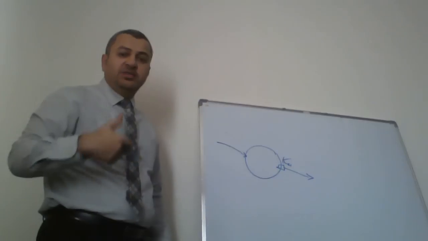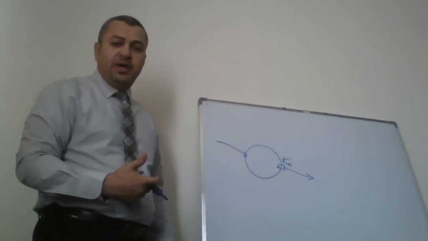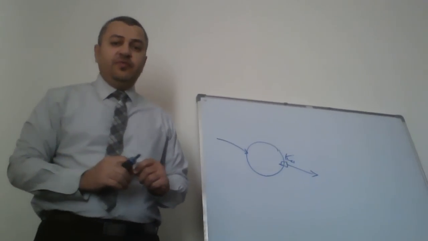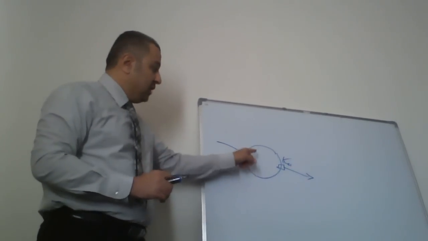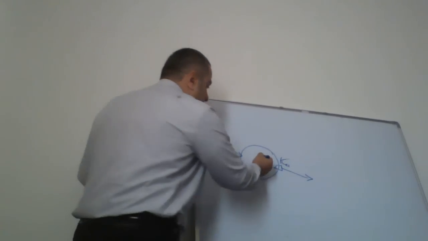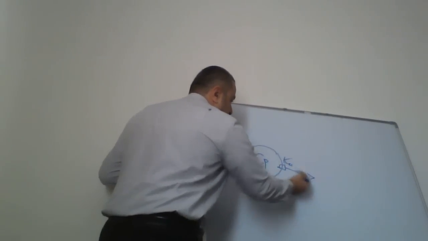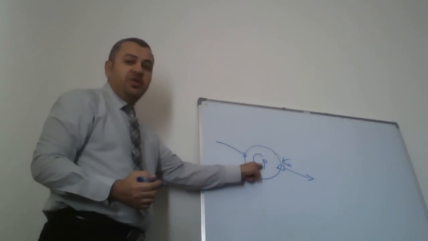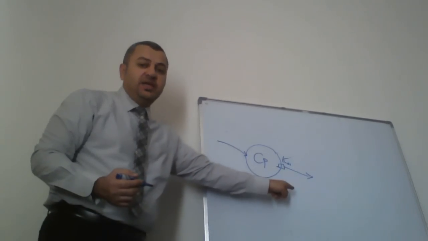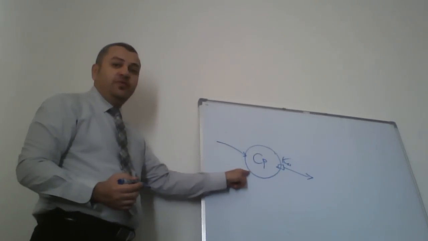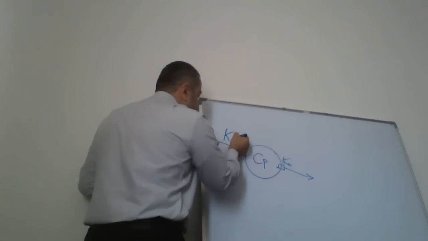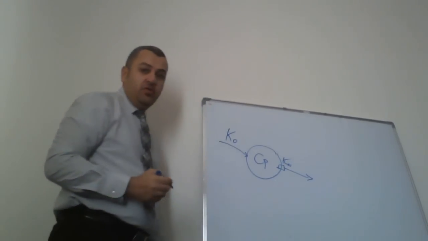So the drug is slowly entering the body at a constant rate. So the rate of infusion is constant, not like the rate of elimination. The rate of elimination is first order. So here, the drug gets out depending on the concentration. The higher the concentration in the compartment, the faster it gets out. But the rate of infusion is, as I said, constant, and I will give it the symbol K0.